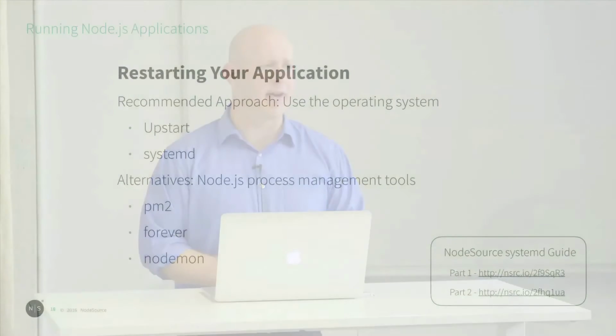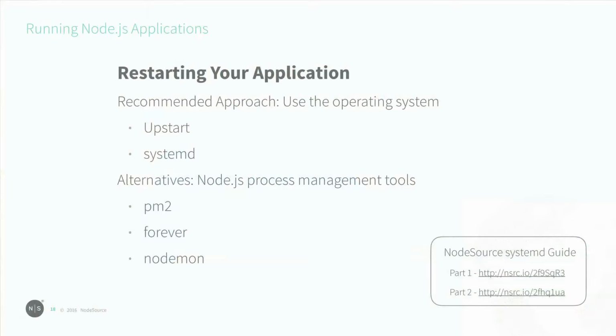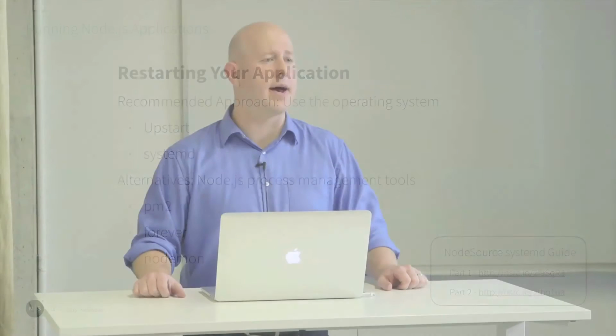So when it comes to restarting our application, what should we do? How should we handle that? The best approach that I've seen and the recommendations that we like to give are use the tools that already exist. If you're running in production, there's a very, very good chance you're running on a Linux-based system, and those come with amazing service managers that will automatically handle restarting your application, stop your application from restarting 1,000 times in an hour, help with alerting and logging, all that great stuff.